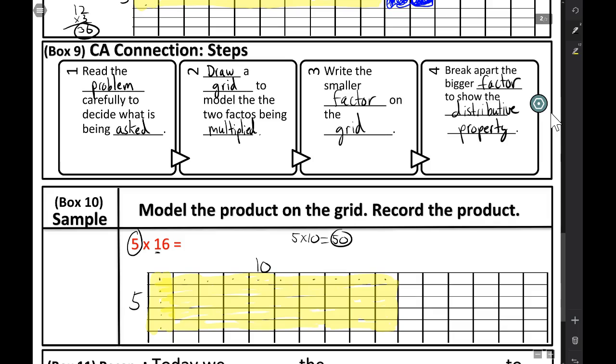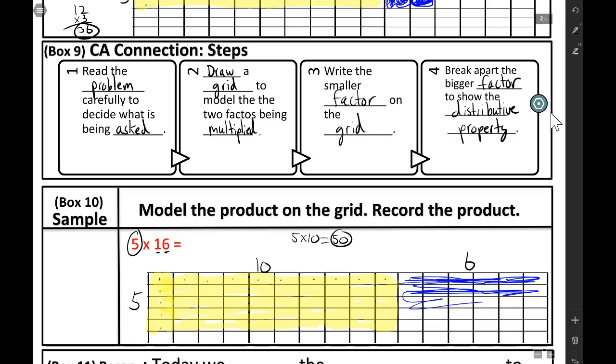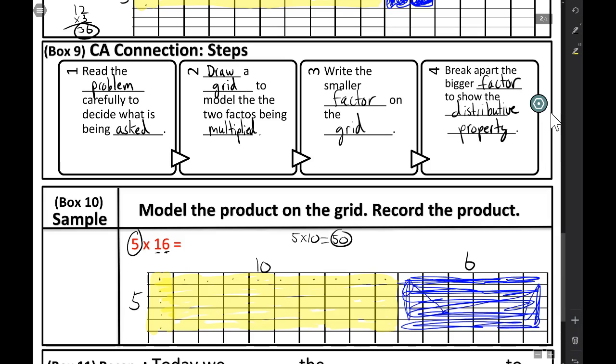Now I need to focus on the second part, which in this case is a 6. Again, continuing that first row. So 1, 2, 3, 4, 5, 6. Ooh, I got lucky right there. And I'm going to just highlight all this. Alrighty, I think that's good enough.